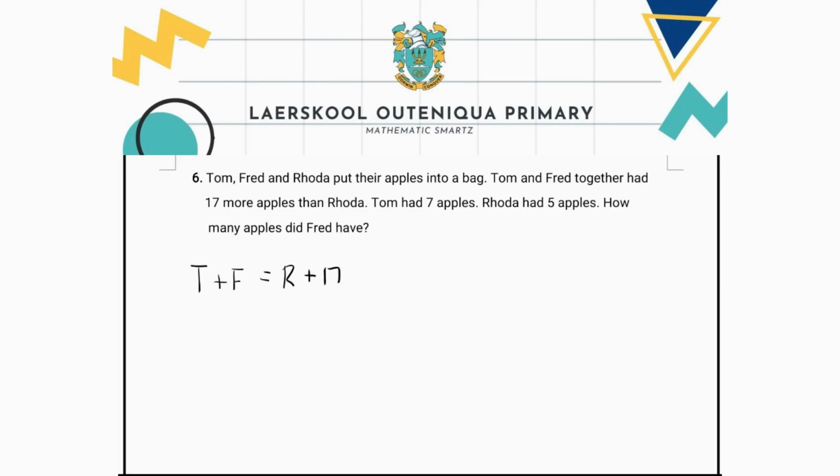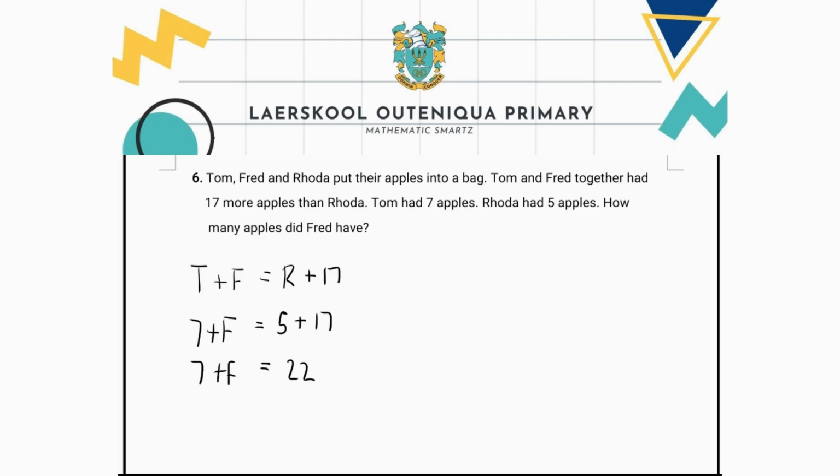But I do know that Tom had 7 apples. Therefore, I can substitute the T for Tom with his 7 apples. But I still don't know what Fred has, so we'll leave the F there. And that is equal to Rhoda, who had 5 apples, plus the extra 17. So 7 plus F equals 22.